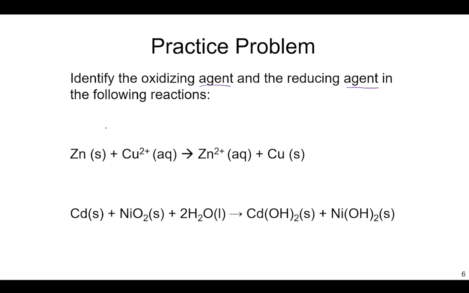So we'll go through and identify the charge. The first one is pretty straightforward because it is similar to what we've done before on previous examples for zinc. Zinc goes from 0 to 2+. Copper is going from 2+ to 0. So 0 to 2+, it is increasing its oxidation number because it is losing electrons.